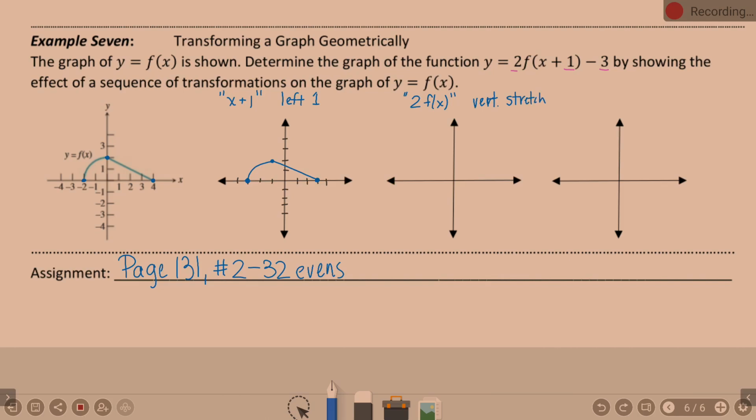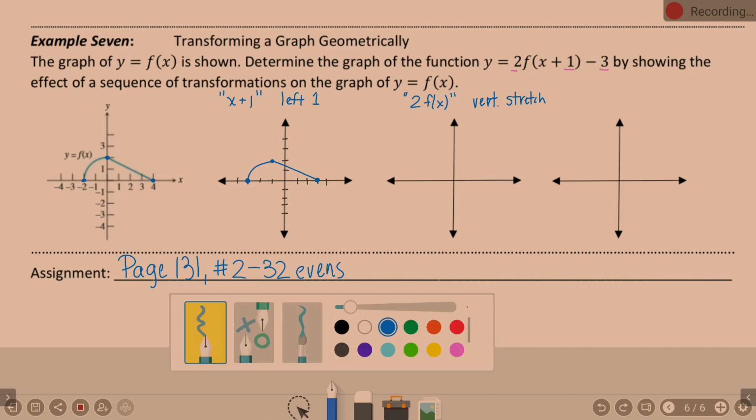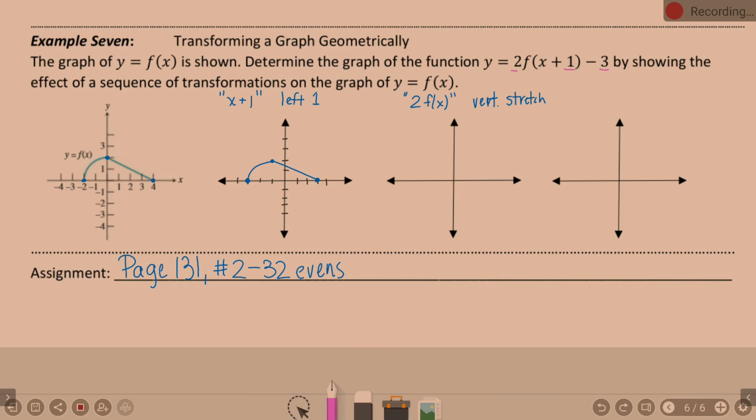Now, with this being a vertical stretch, these 2 right here could be switched. In other words, we could have done the stretch first and then the left one. Your order's not going to matter between those 2. So just kind of so you know.